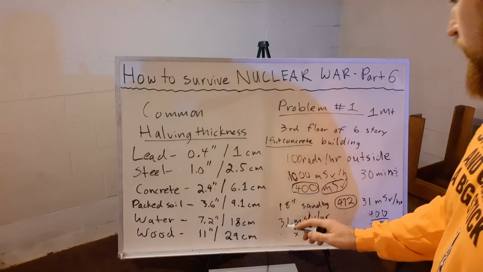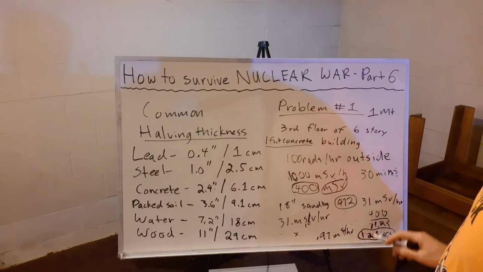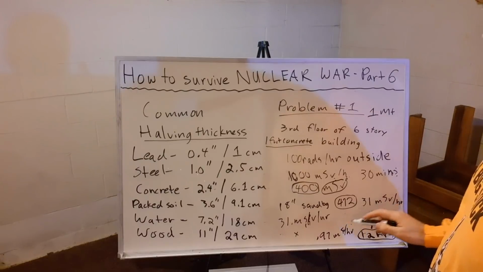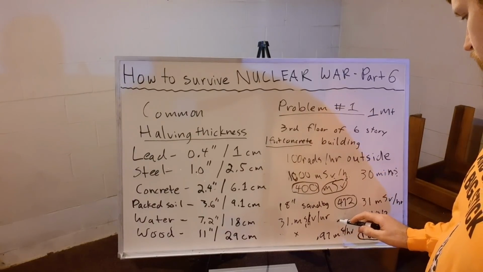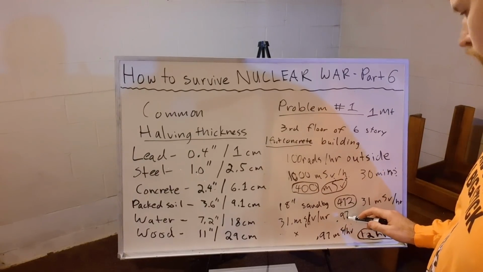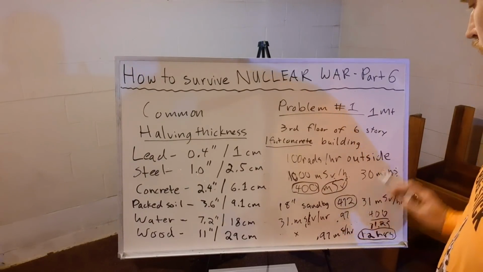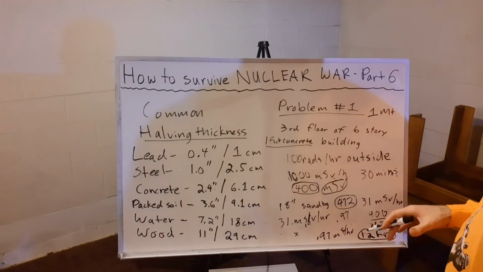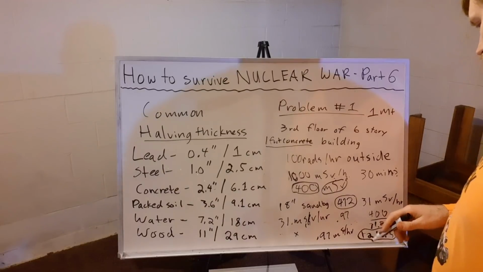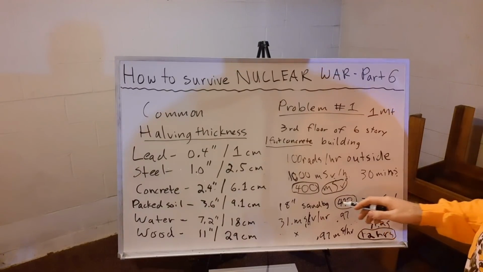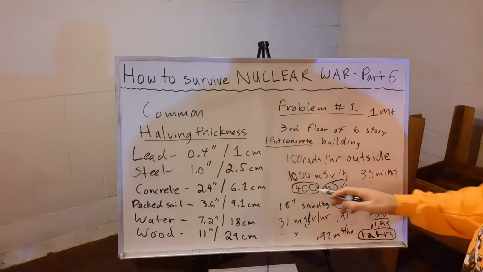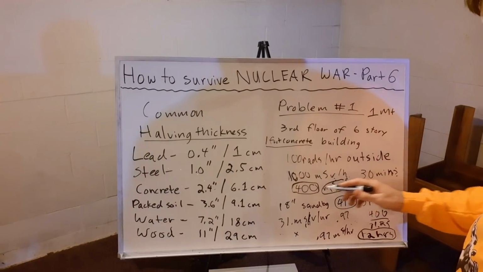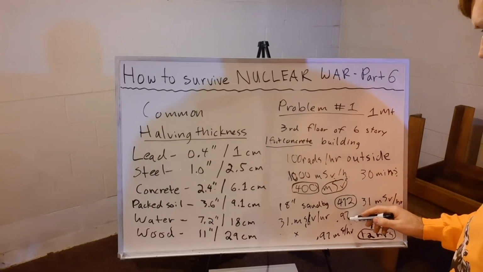So that's going to drop the radiation from 31 millisieverts per hour down to 0.97 millisieverts per hour, okay? And if we want to figure out how many hours it's going to take to get radiation sickness, we're going to divide 400, because 400 millisieverts is when you start to get radiation sickness, by 0.97.